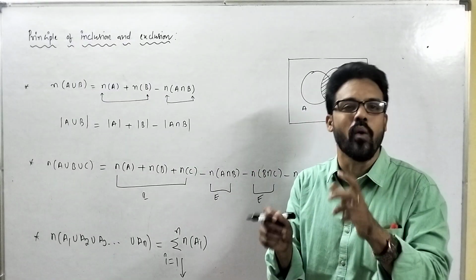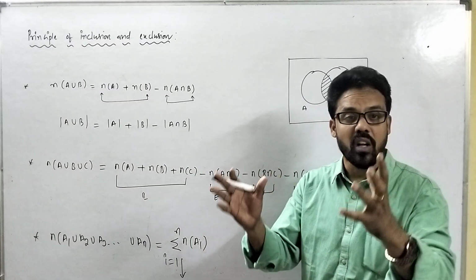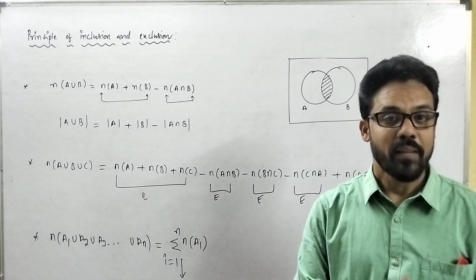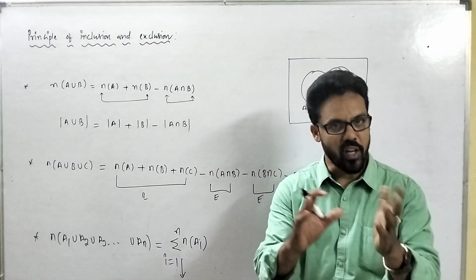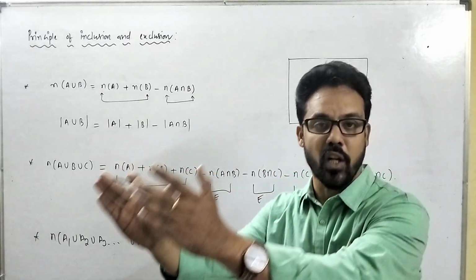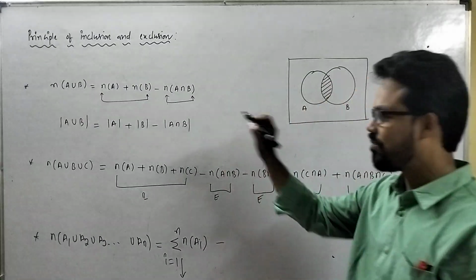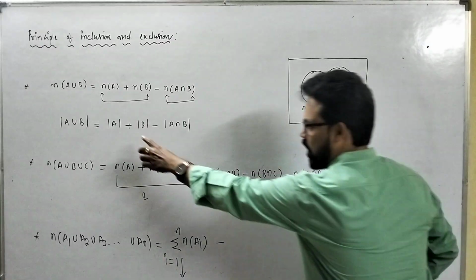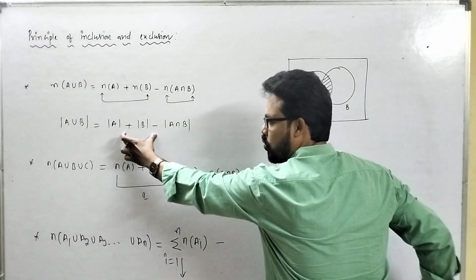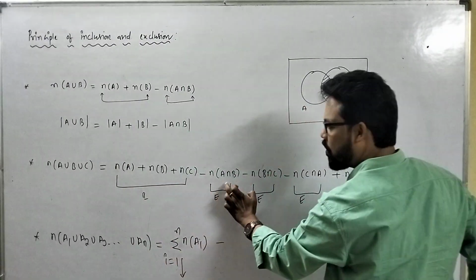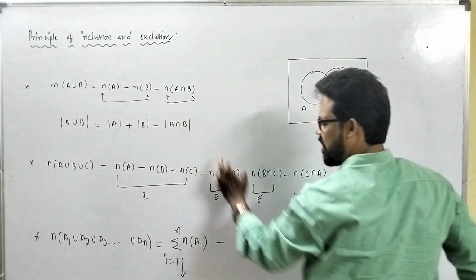That means selecting 1 out of all A1 to An. That means keep sigma: n of A1 plus n of A2 plus n of A3 plus so on up to n of An. Minus: here 2, here 3, here n. After that we get minus. Here also minus. Here also minus.